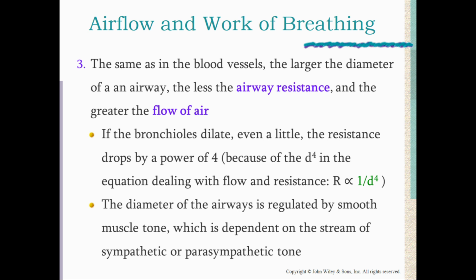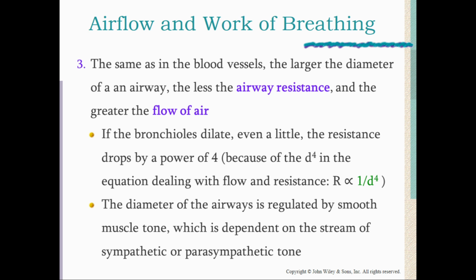Of course, the opposite is true if the bronchioles constrict, and that reduces the airflow. And you can ask anyone with asthma how much of a difference that will make. This is because in the formula, D to the 4th, which is the diameter in the equation dealing with the airflow, the resistance is inversely proportional to the power of 4 in that formula.